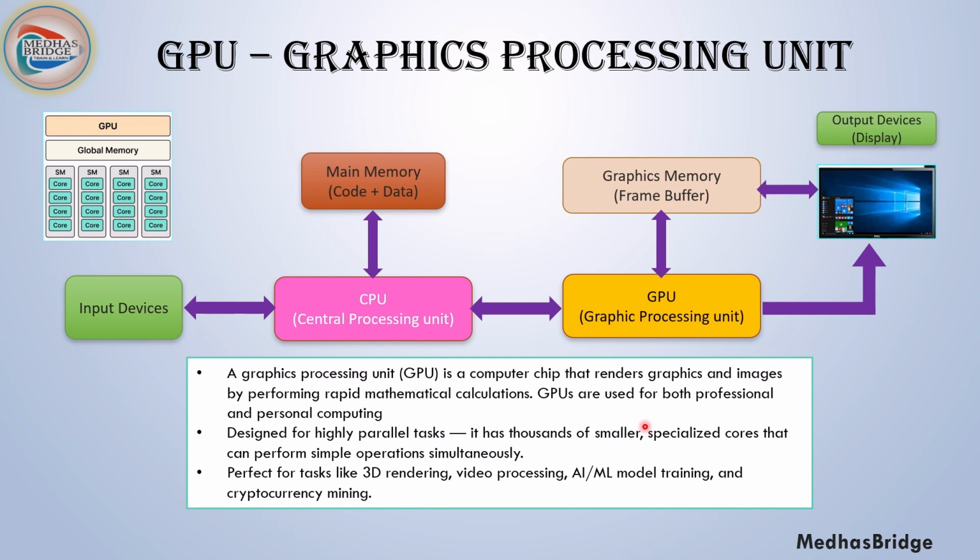So how do you achieve this rendering of graphics and images through GPUs? A GPU comes with plenty of cores. When you have more cores, you will be able to do tasks in parallel. These are basically tiny cores.